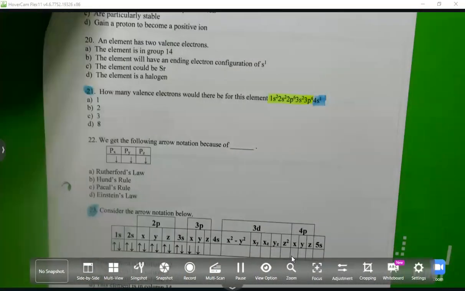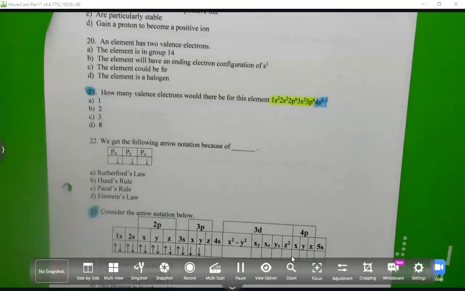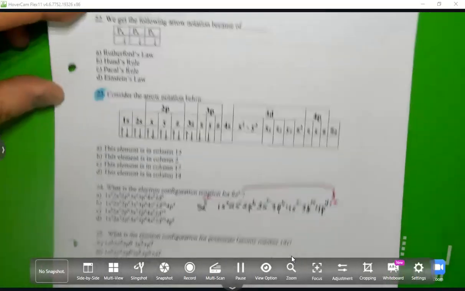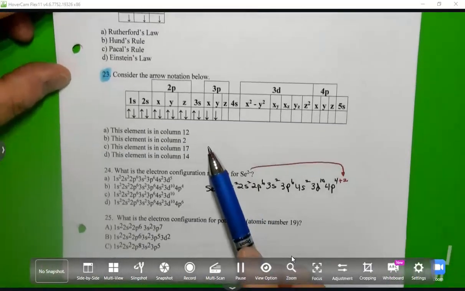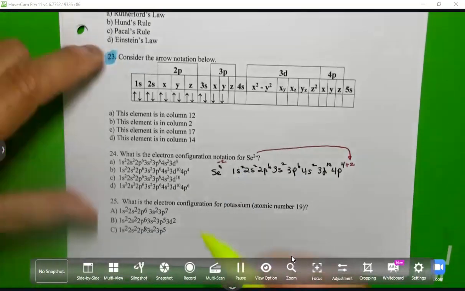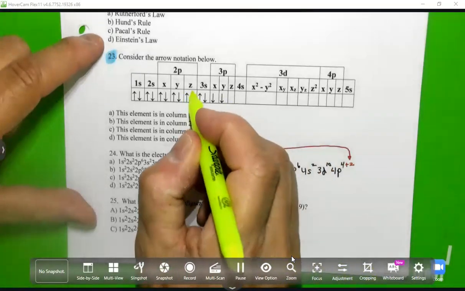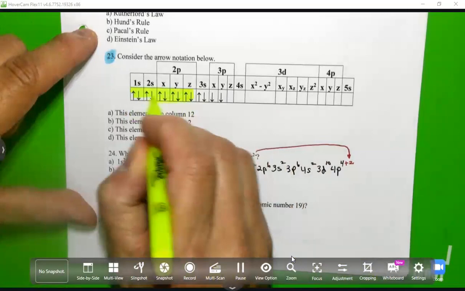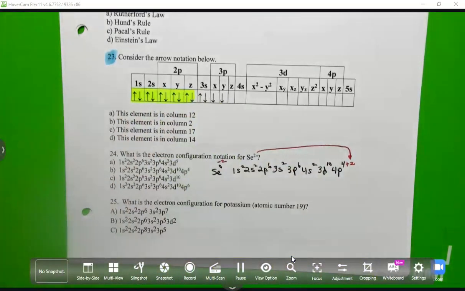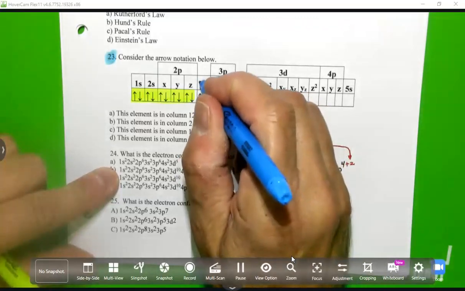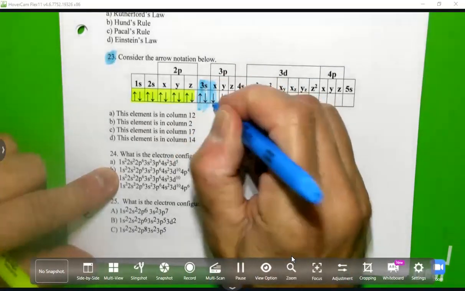Okay, so that was 21, 23. So this element right here, this is my core electrons, not my valence electrons, because once I get to level 3, these are valence electrons.